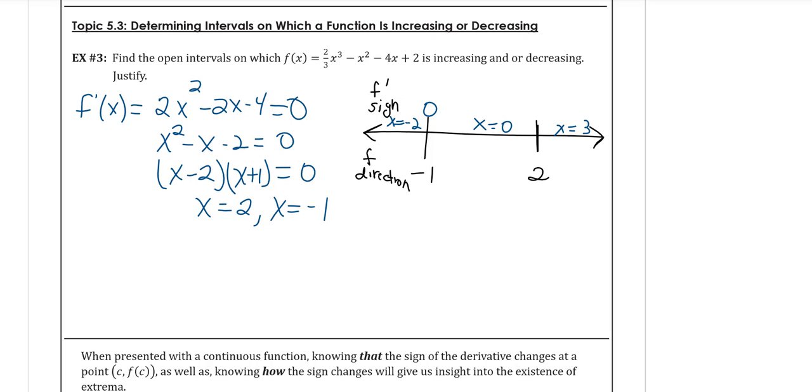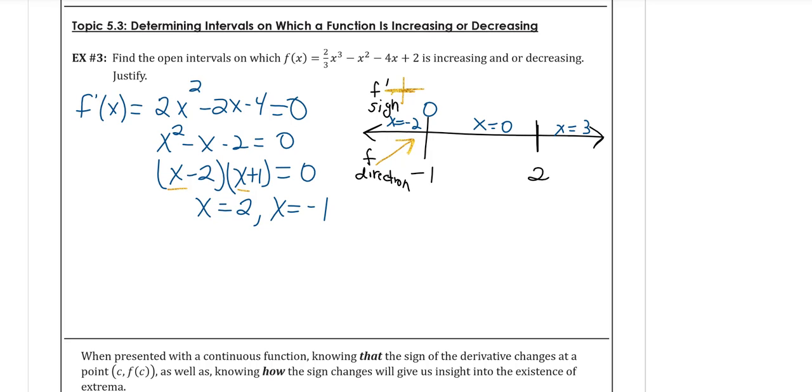So substituting -2 into the derivative, I am going to have -2 minus 2, so that'll be a negative number, times a negative number. So I get a positive sign here, which means the function is increasing. It's going up.